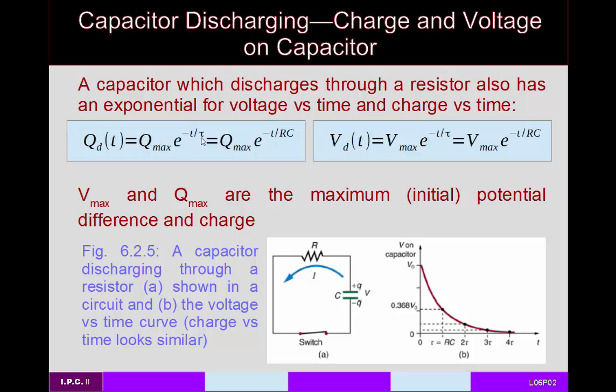Q max e to the negative t over tau, or Q max e to the negative t over RC, because tau is still RC. Q max in this case represents the initial charge on each plate of the capacitor. And again, if you were doing this in the lab, you'd actually be measuring voltage drop across this capacitor, and so you use Vmax times e to the negative t over tau, where Vmax is the initial voltage drop across the capacitor. Again, you get an exponential decay.